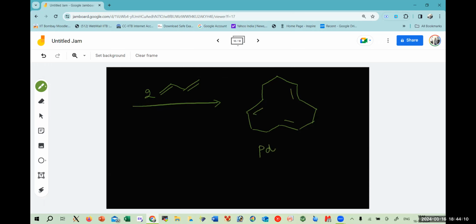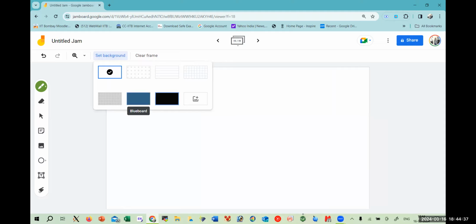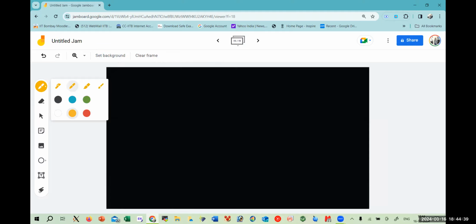So this is your product, and it would regenerate your active species, nickel 0. This is the active species and it is regenerated, and this is your product. Therefore, this is how the cyclic trimerization is happening using 1,3-butadiene, and what are the highlighting points that we have in hand.